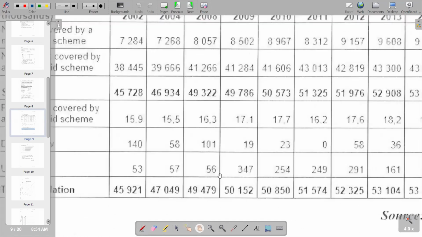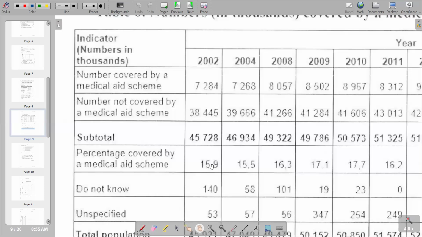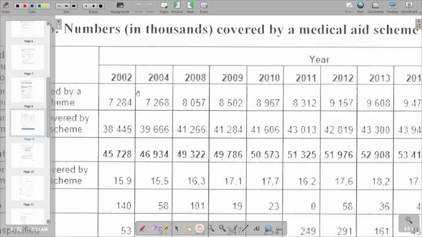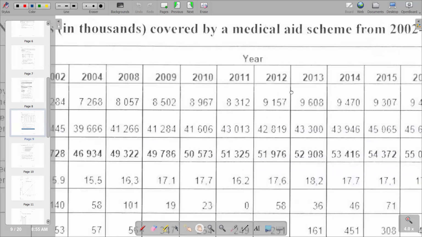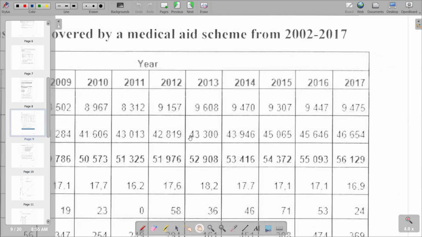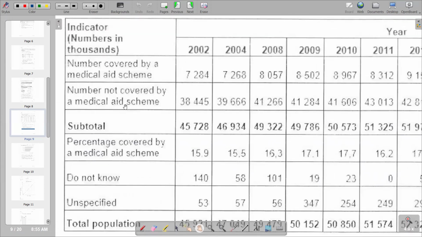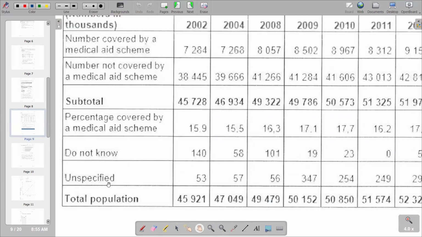So you see that this is the table that you just need to understand. We've got 2002 to 2017. So information is given in terms of number covered by medical aid scheme, number not covered by a medical aid scheme, subtotal, percentage covered by a medical scheme, do not know, and unspecified, and then we've got total population.